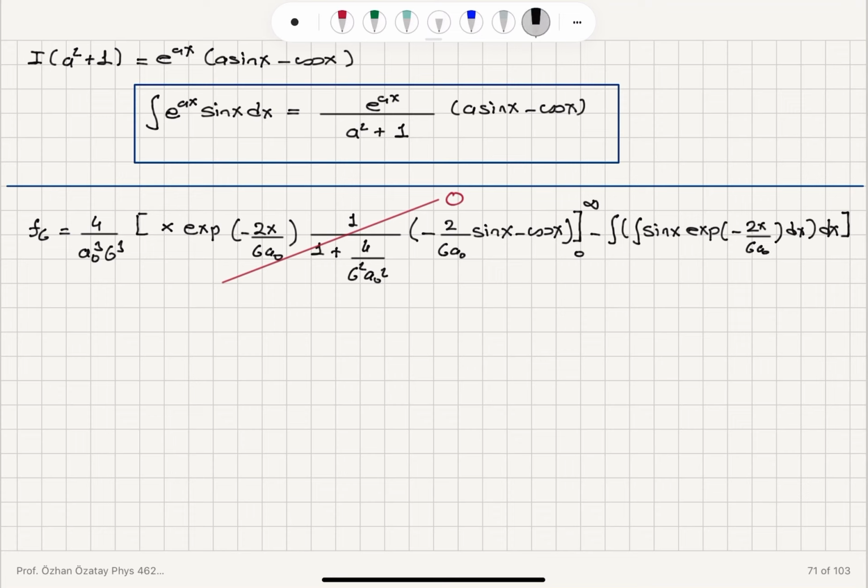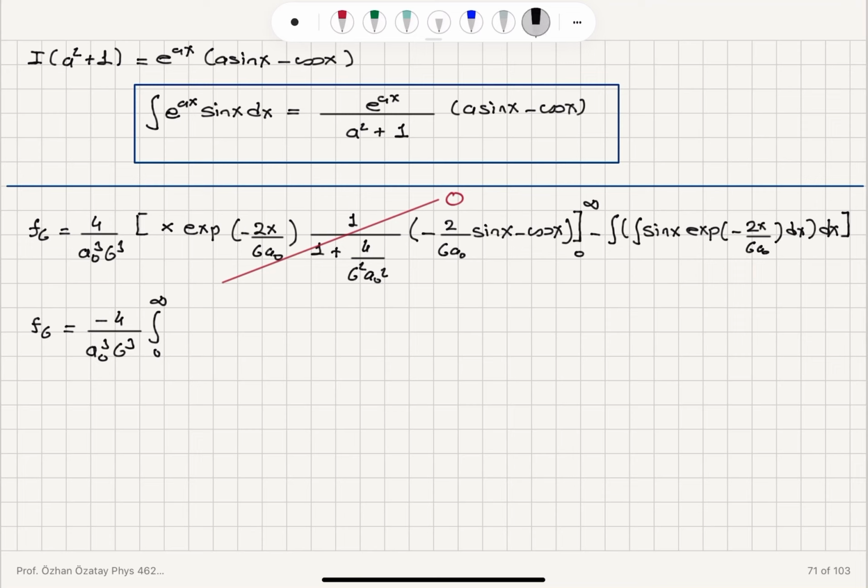So atomic form factor f sub g becomes, I have a minus sign there, minus 4 over a0 cube g cube integral 0 to infinity. Now I'm going to perform this integral. So this integral dx is my answer.